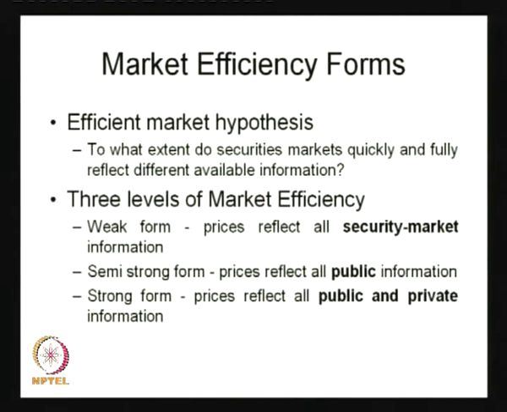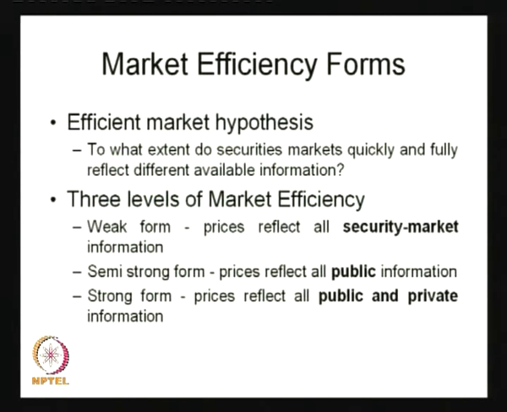What do you mean by the weak form of efficiency? We already discussed the random walk hypothesis, and it is basically related to that. In the random walk hypothesis, the prices reflect all the security market information, and all the new information that comes to the market comes in a random fashion.